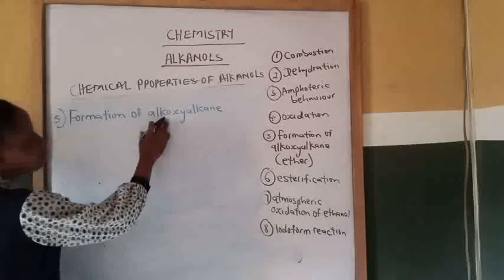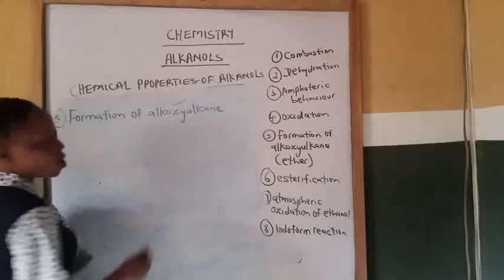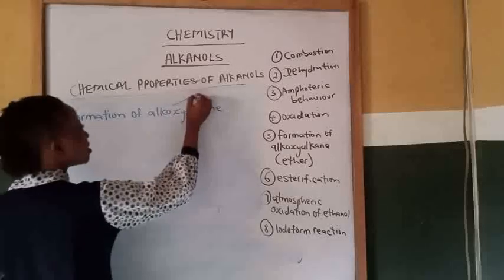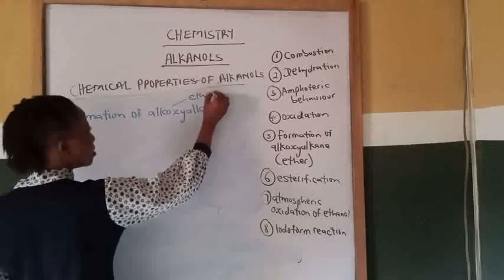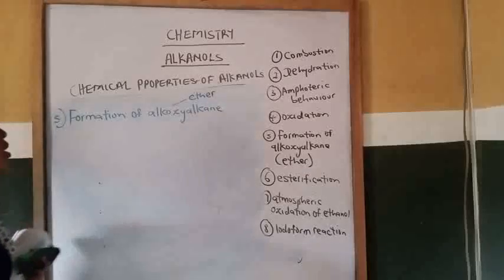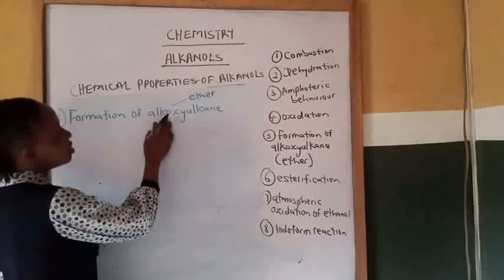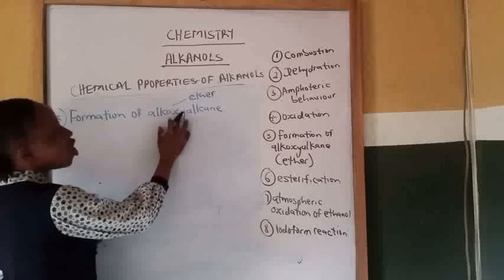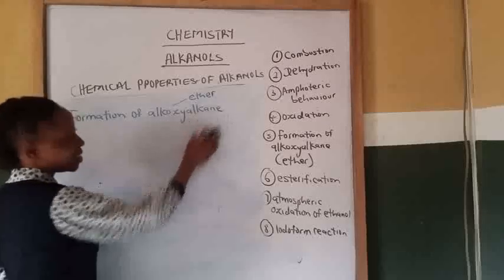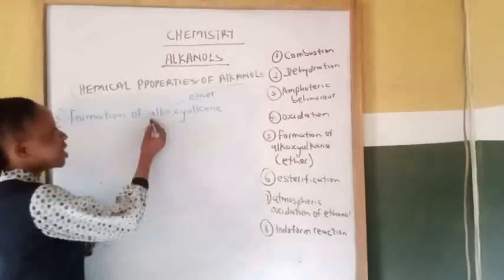Then what is alkoxy-alkane? Another name for alkoxy-alkane is ether. Alkoxy is alkyl, oxygen and alkane. That is the meaning of alkoxy-alkane.